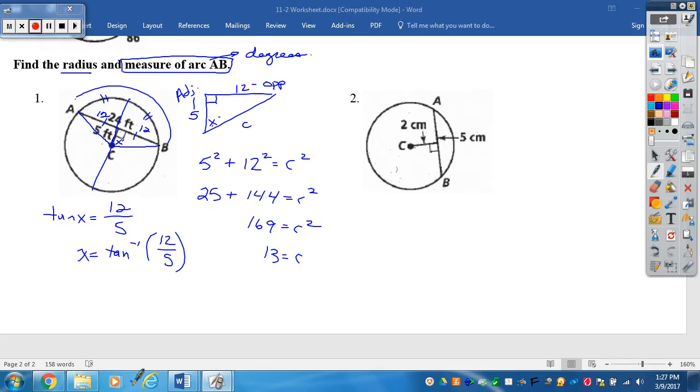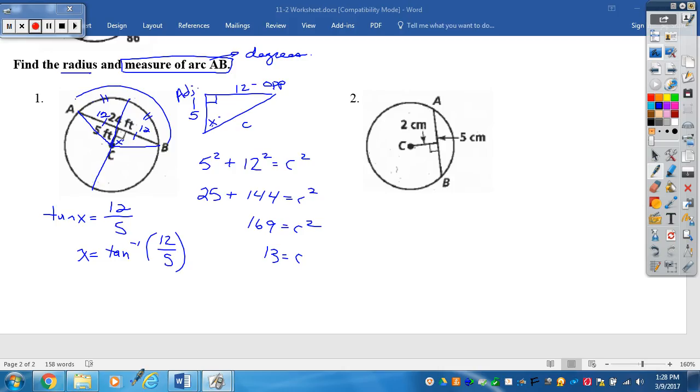Okay? And we can get what x is. Now, if I were you, I would hold off from getting x. Okay? I would actually go ahead and double it at this time to get your actual arc measure. So if we do that, let's see here, twice the inverse tangent of 12 divided by 5.